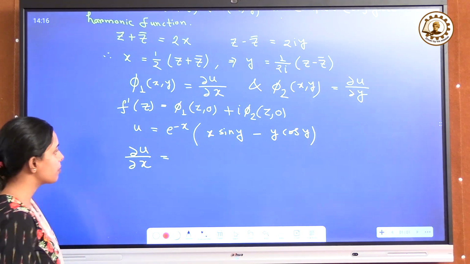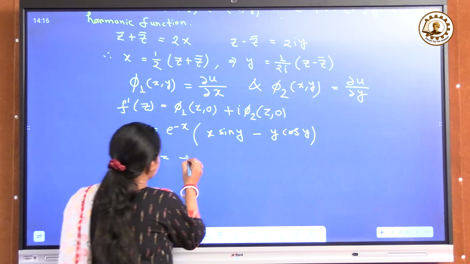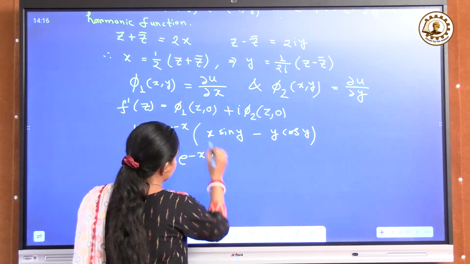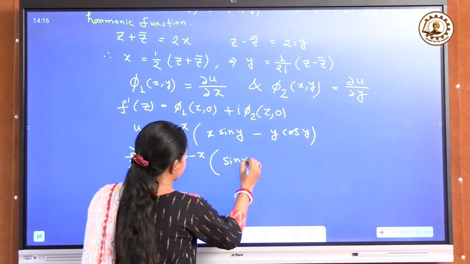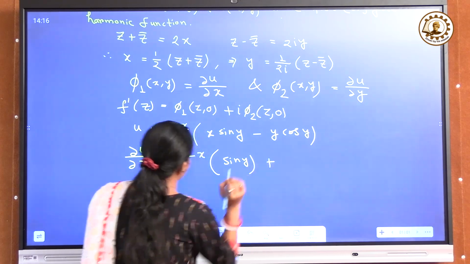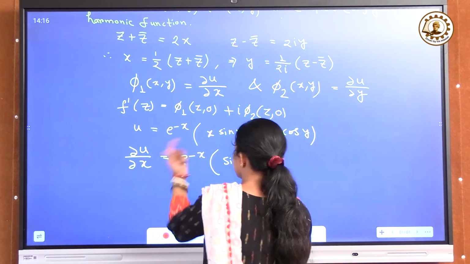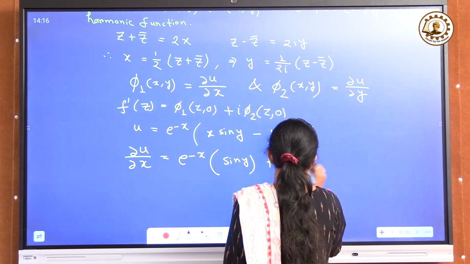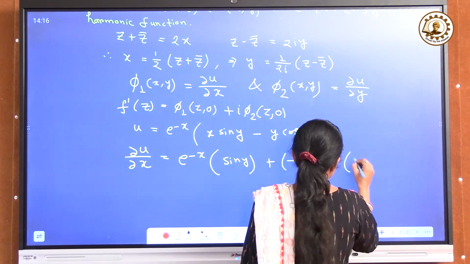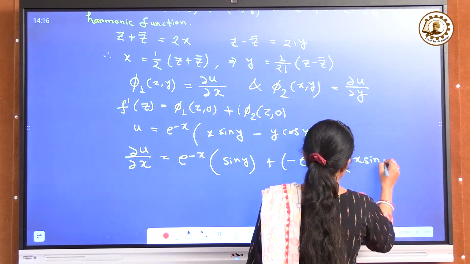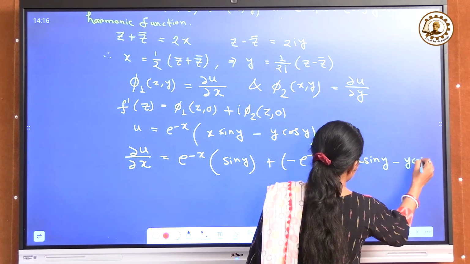The partial derivative with respect to x is e to the power minus x times sin y, plus, differentiating e to the power minus x, minus e to the power minus x times (x sin y minus y cos y).